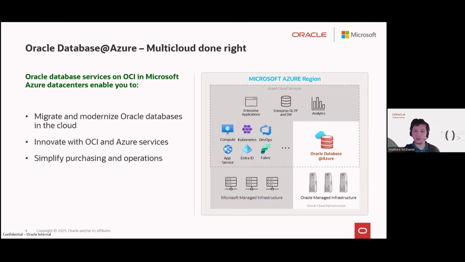So it's not an Oracle database on OCI connecting with applications on Azure. It is Azure applications connecting to an Oracle database on Azure. What this allows you to do is to modernize your Oracle databases in the cloud. Say you're running Oracle databases on premise and you want to move them to Azure, you can. Also, some enhancement we've made is that we've simplified the purchasing options for Oracle database at Azure.